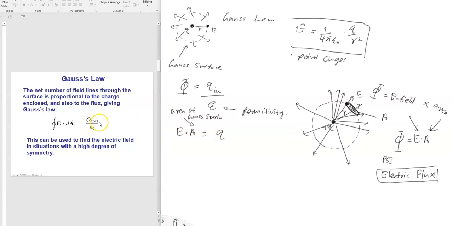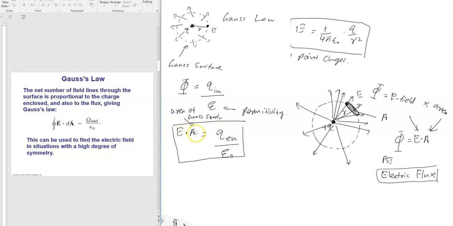Here they have used the word enclosed. Same thing. Enclosed is a better word. The charge enclosed by the Gauss surface. So you can even write Q enclosed divided by epsilon or epsilon naught. Whatever the epsilon number given, we put it there. So this is what Gauss law says.